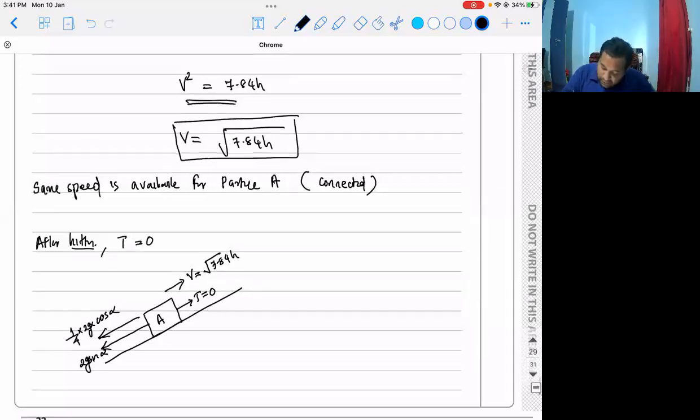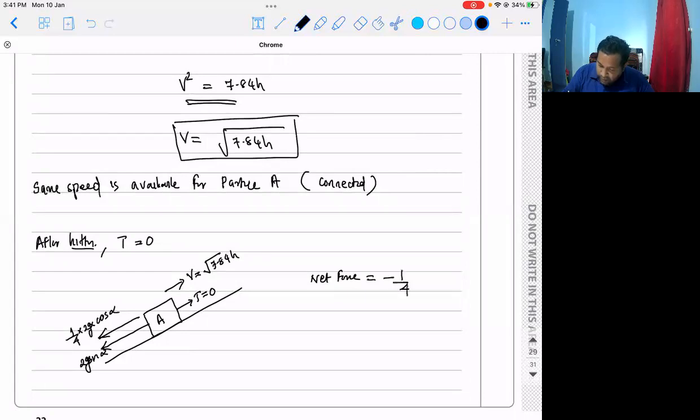So what is the net force? Net force is equal to minus 1/4 times 2g cos alpha minus 2g sine alpha. After hitting, the net force on A is equal to mass into acceleration.